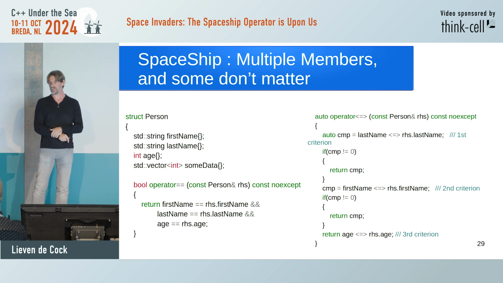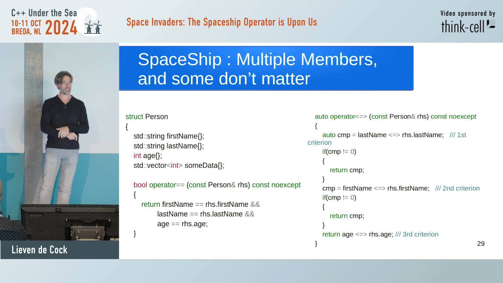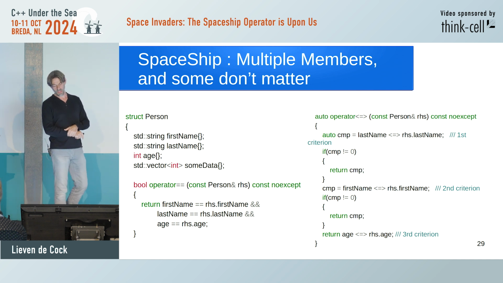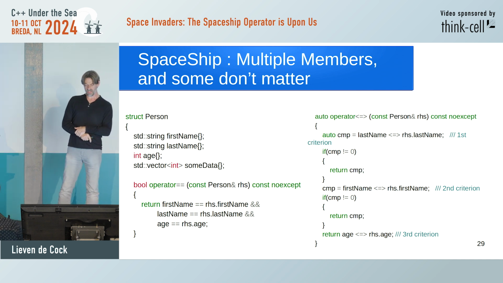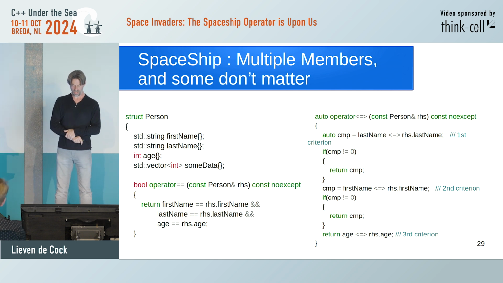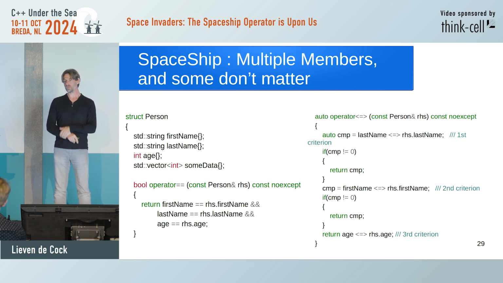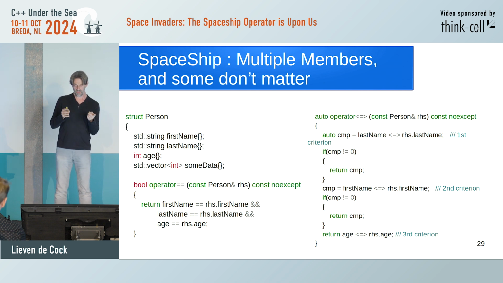Then the spaceship operator, which is going to give us the 4 others, the 4 relational operators. First criteria is apparently in this case, let's first check on the last name, and we think that's the surname that's most important. We call the spaceship operator. We know the result is comparable to 0. If it's not 0, it means it's less or bigger than, meaning the decision has been made and we can return.